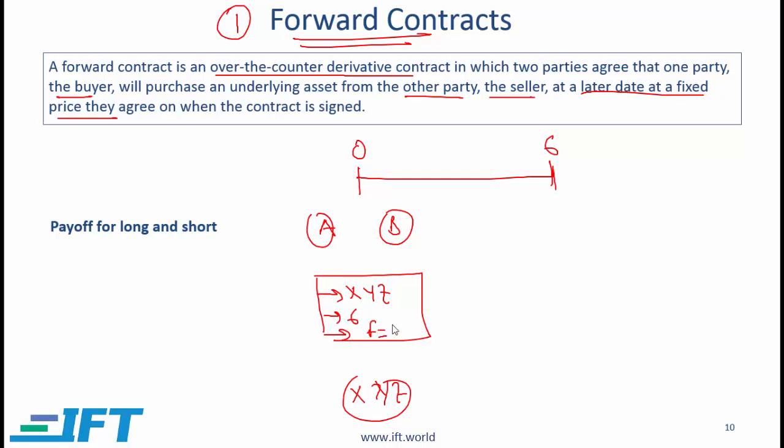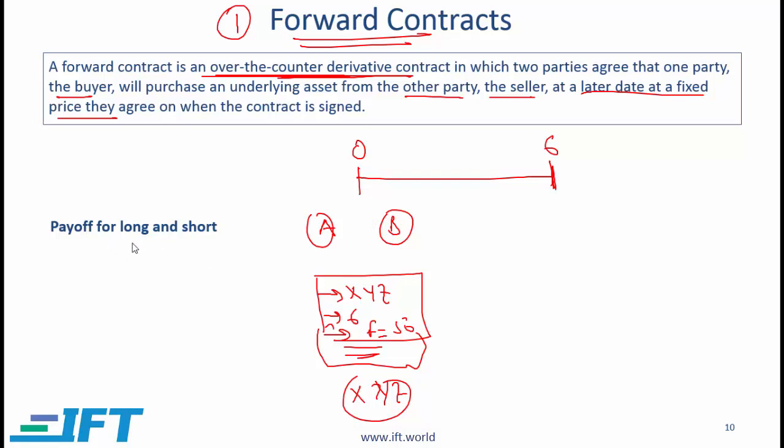The forward price of 50 is specified. And how the contract will be settled is also specified. Those are the key pieces of information that are written in this contract. Obviously, there are other details also, but here is the core information. So this is a forward contract. Again, I want to emphasize some points over here. This is an over-the-counter derivative contract, which means it is between two parties. It is, in essence, private and customized.